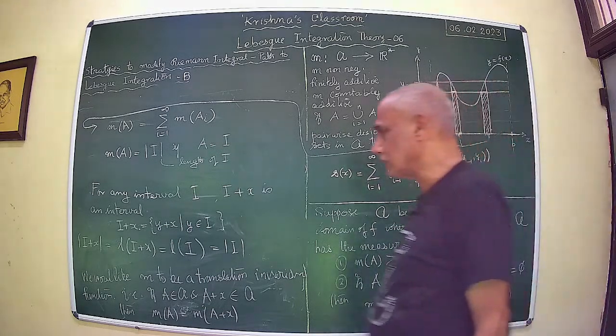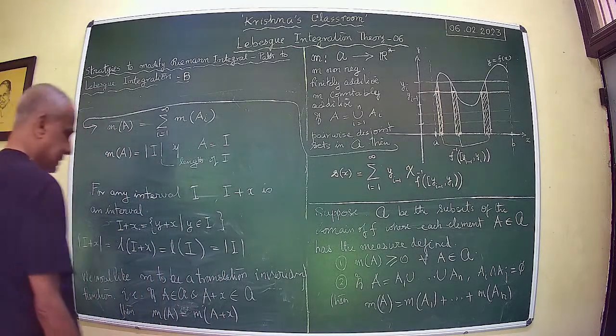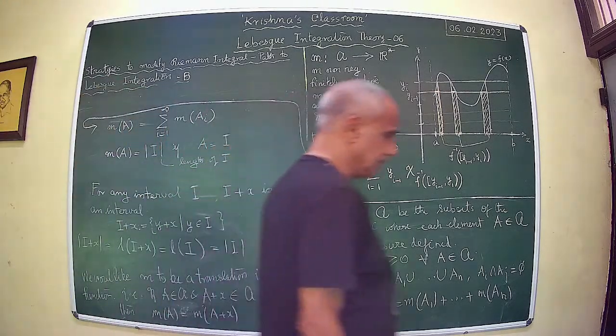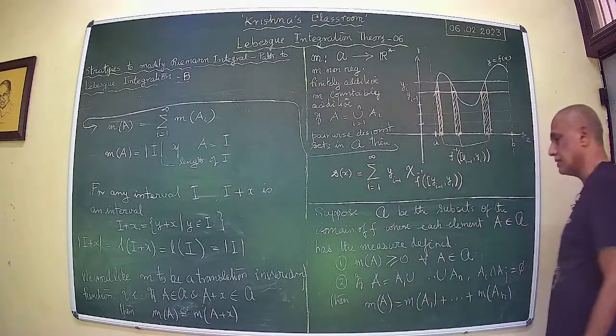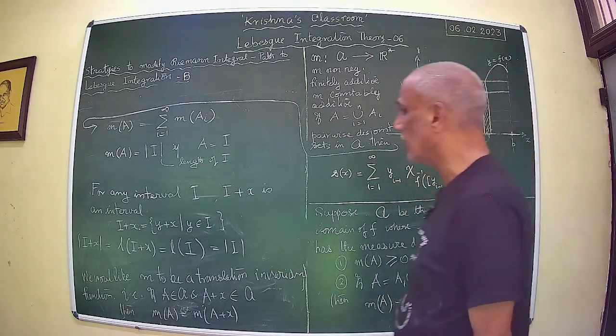For intervals, it should give you the length of the interval, and the measure should be a translation invariant function. So these four properties that we are asking.